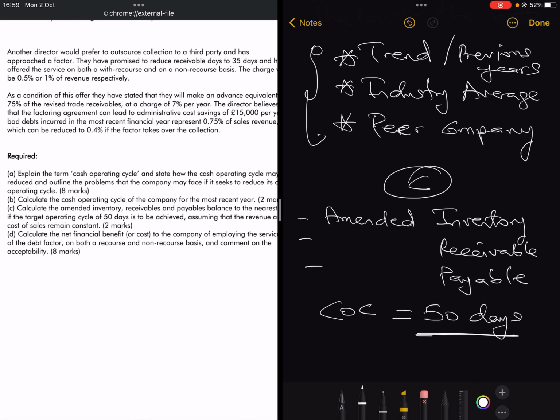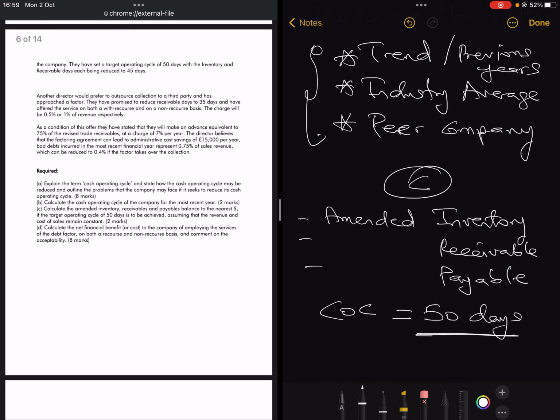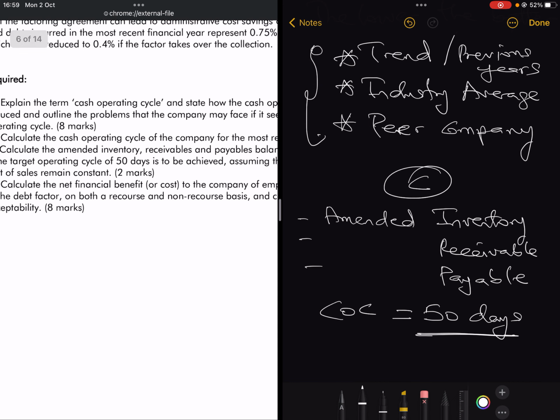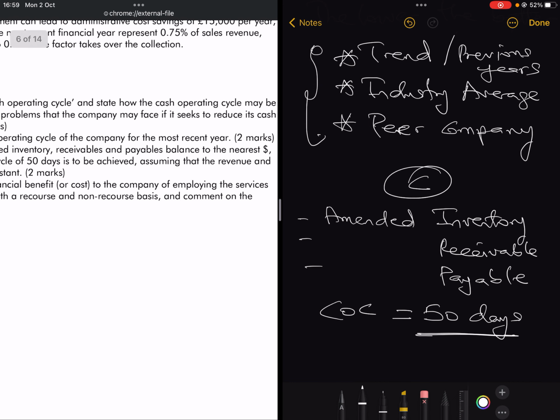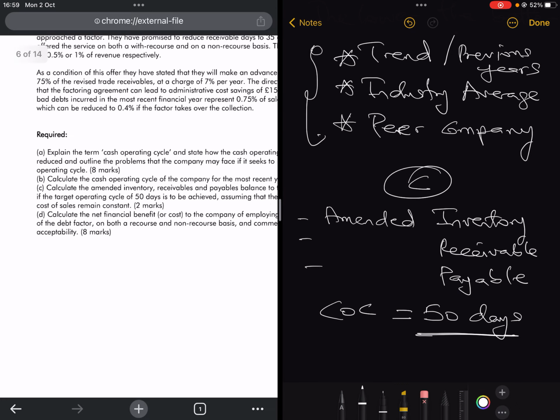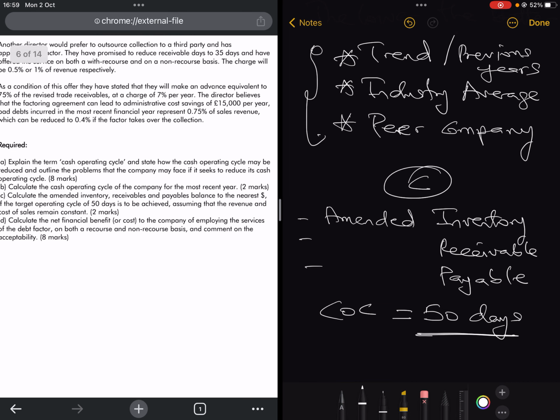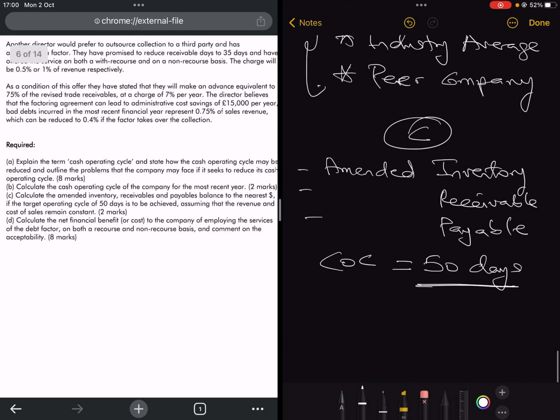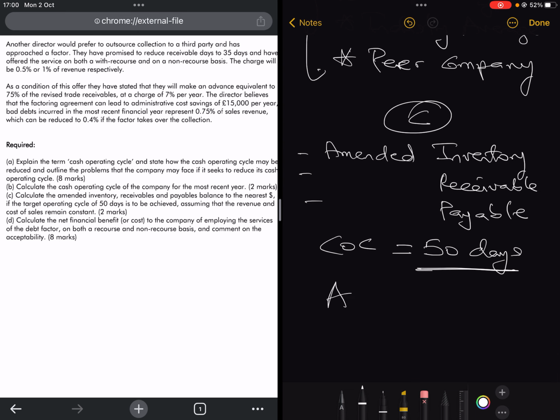And the question says we need to assume that revenue and cost of sales remain constant. So if this remains constant and the cash operating cycle needs to go to 50 days, and we are targeting account receivable days of 45 days with inventory days at 45 days as well.